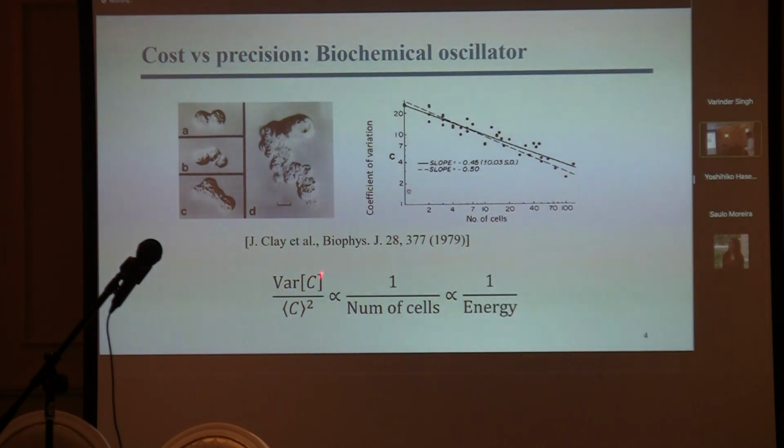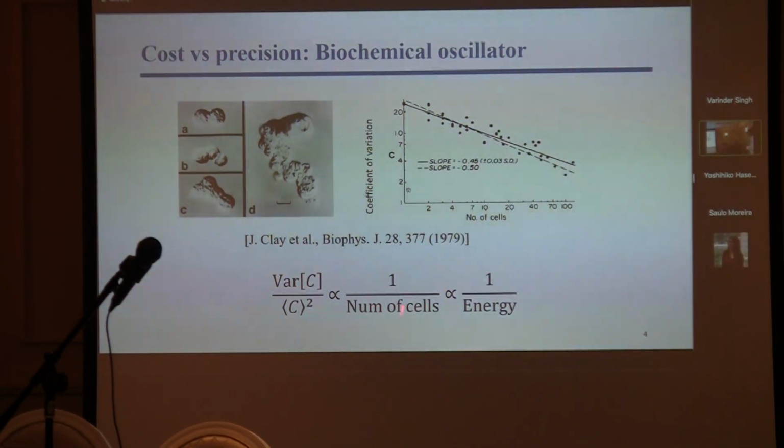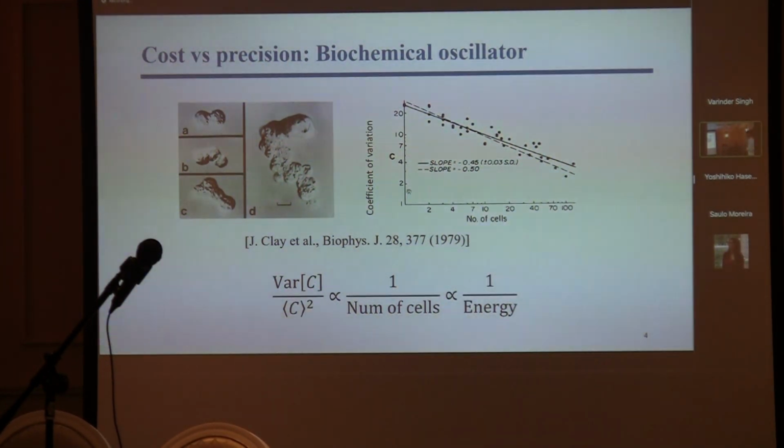They experimentally measured this quantity as a function of the number of cells, and found that it is proportional to the inverse of the number of cells. Because energy is proportional to the number of cells, this relation can be verified experimentally. So as can be seen, this is also a specific case of TUR.